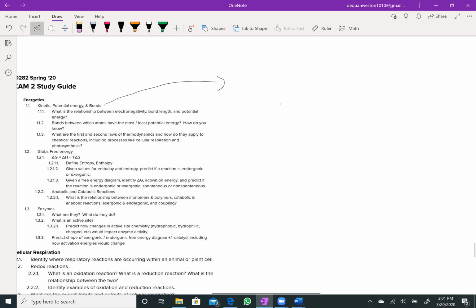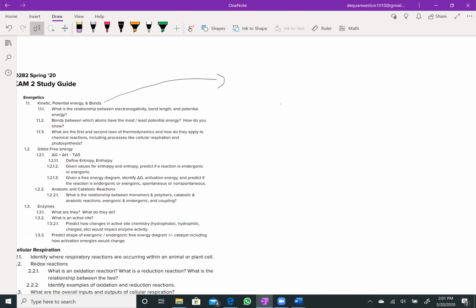So the first thing we're going to work on is kinetic and potential energy and bonds. So first we'll just talk about energy. And energy is basically the capacity to do work. And like always, if you can't read my handwriting, just let me know.